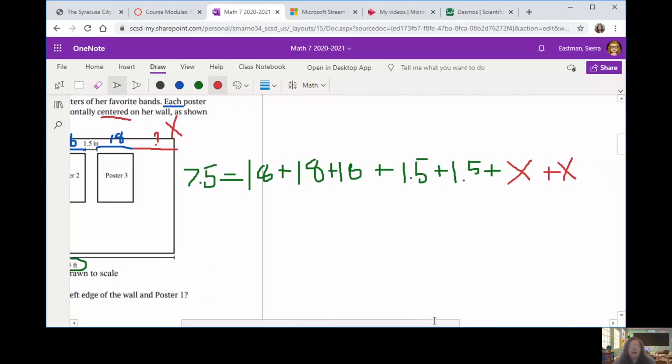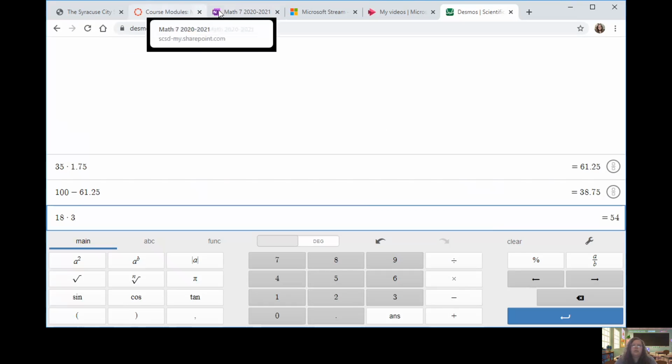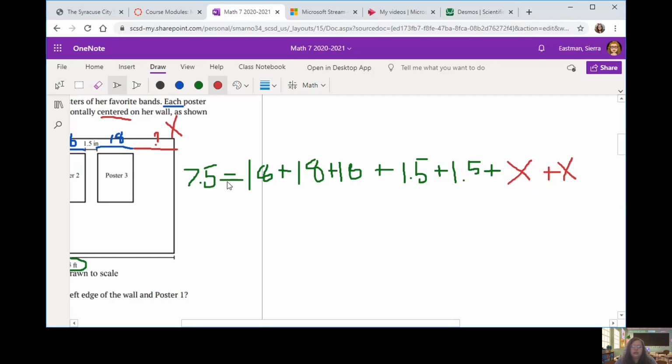Let's go ahead and simplify. 3 times 18. I can add them all together 3 times, or I can just use my multiplication button like this. Here we go, and get 54. So 3 times 18, that's just this piece, should give me 54. Okay.